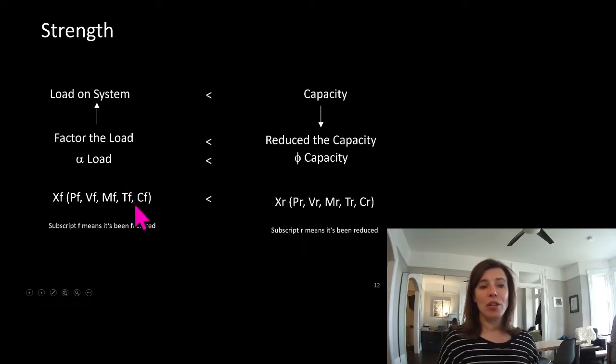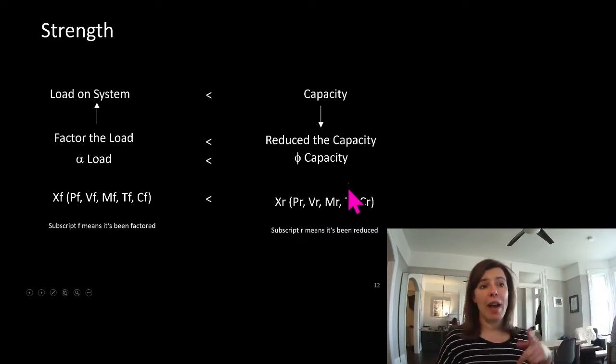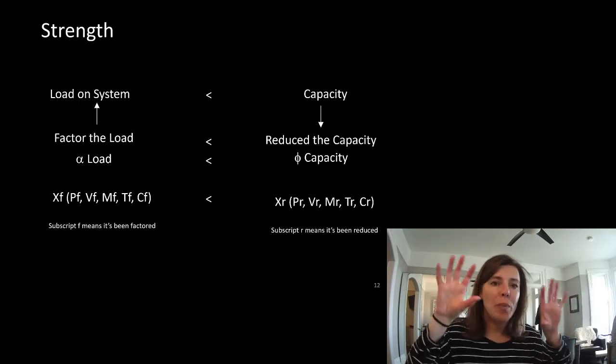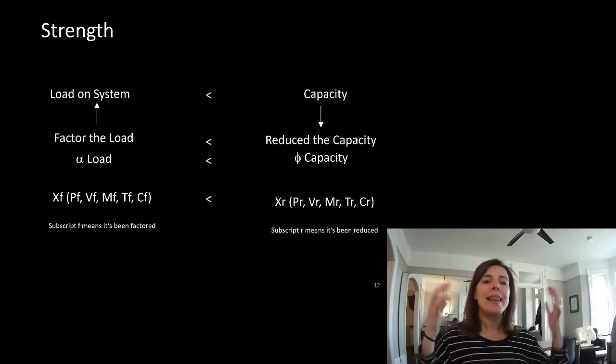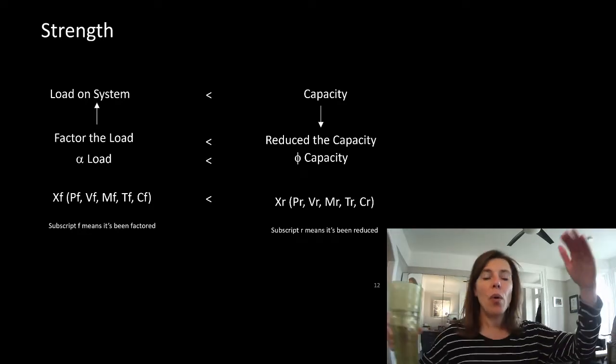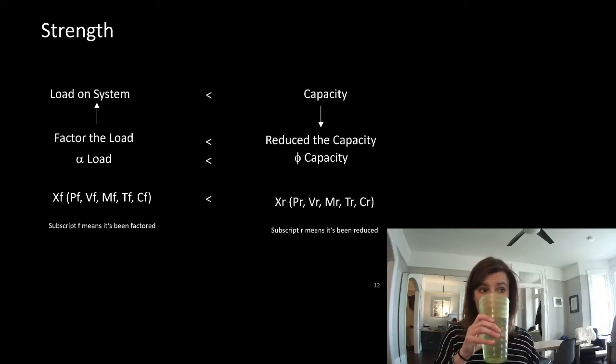Tension, compression, same thing over here. If you see this small r beside it, that means we've reduced the capacity. And that's just to let us know that we have, in fact, applied those load factors and that reduction factor. Because sometimes we'll do a bunch of work before we apply the factors, and then very close to the end, apply them. So this lets us know throughout the process where we are and if we have, in fact, applied those factors.